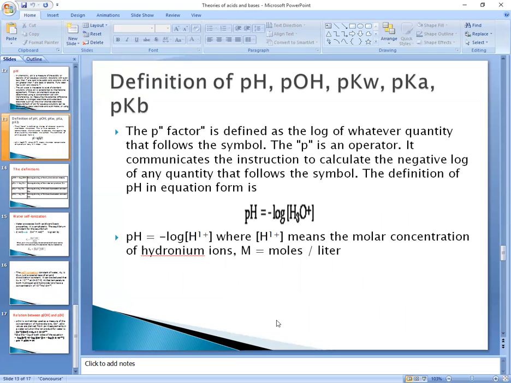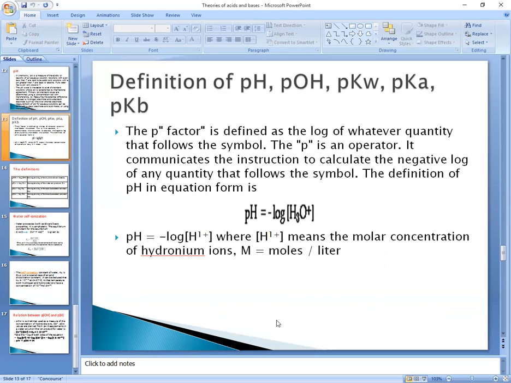Definitions of pH, pOH, and pKw, pKa, pKb. Yes, we know about pH stands for power of hydrogen ion concentration, pOH power of hydroxyl ion concentration. P is an operator and that can be used as a negative log of any quantity.